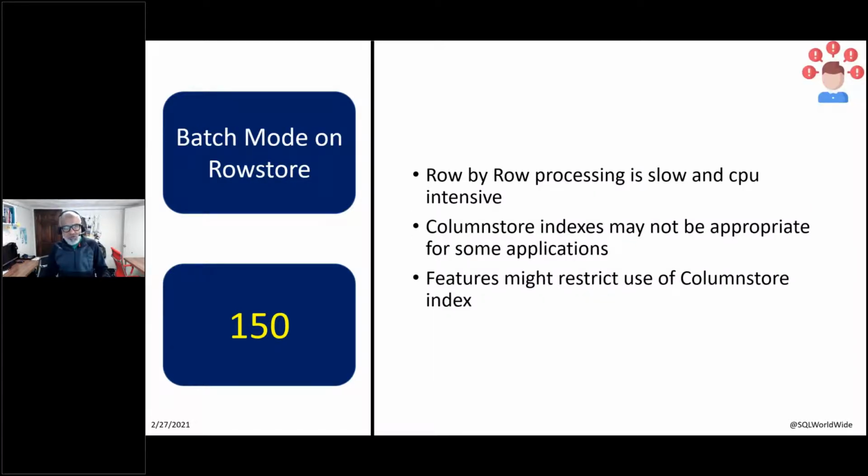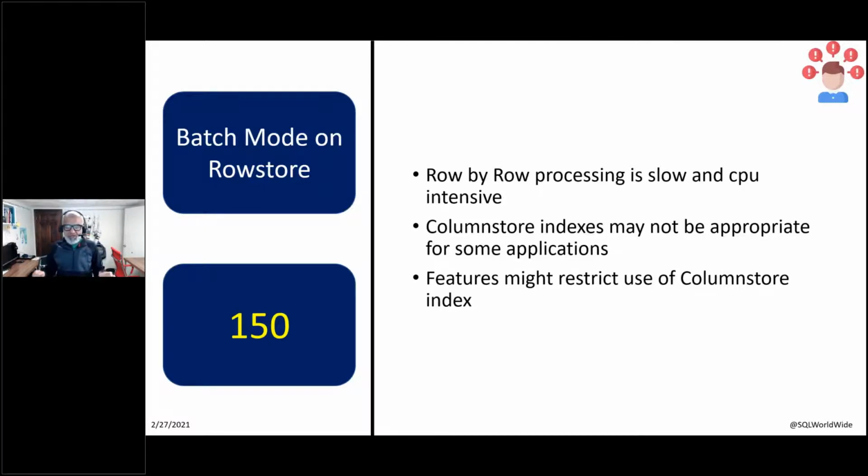Batch mode on rowstore. Batch mode was introduced when the columnstore index came out. But since then, the community has been asking for batch mode to be implemented for rowstore, because columnstore index is not for everybody. It also has restrictions in certain places, like if you have a trigger, cursor, or persisted computed columns, you cannot use a columnstore index.